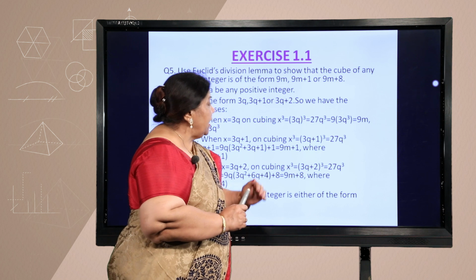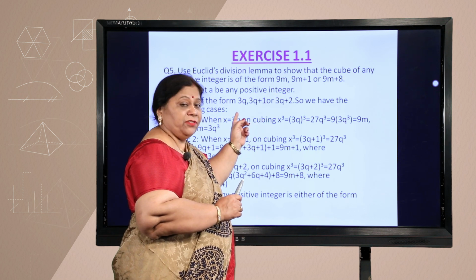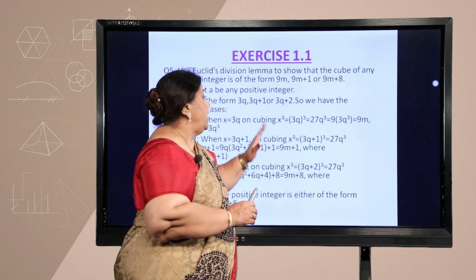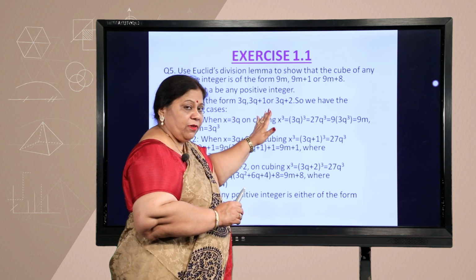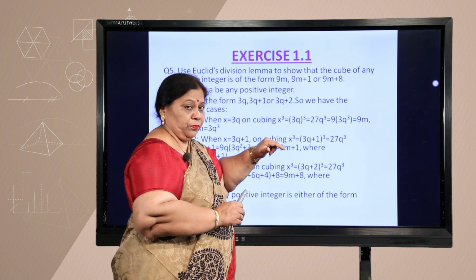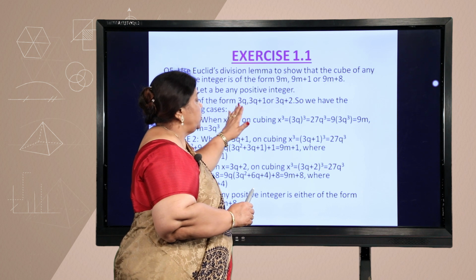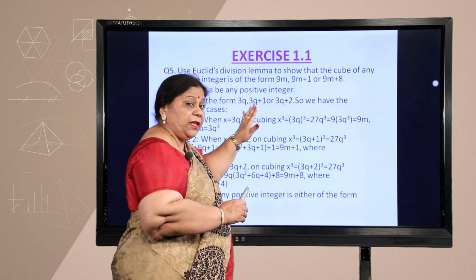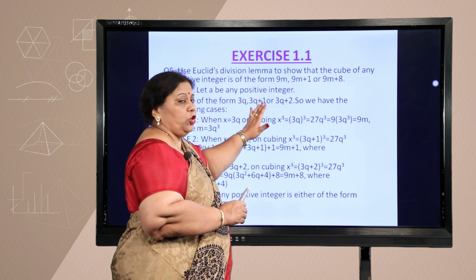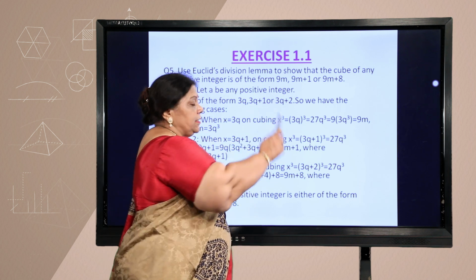So, because 9 is a multiple of 3, it will be enough if I take 3q, 3q plus 1 or 3q plus 2. Let us solve this using the 3 cases, cubing 3q, 3q plus 1 and 3q plus 2.